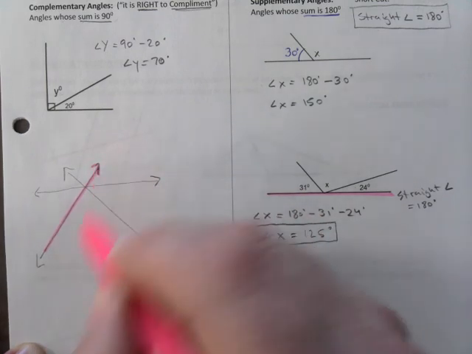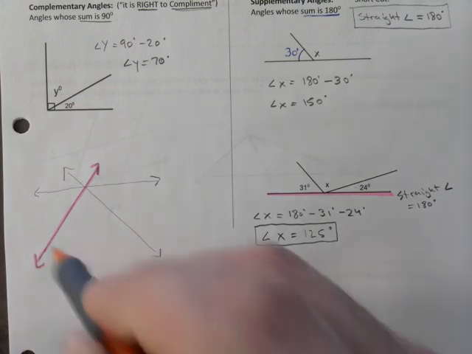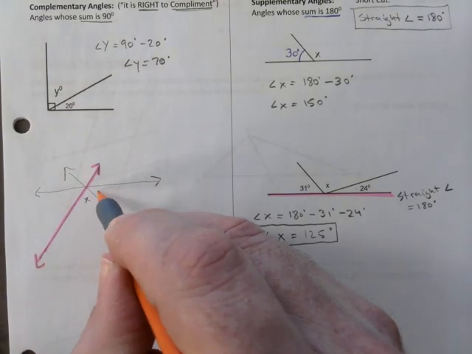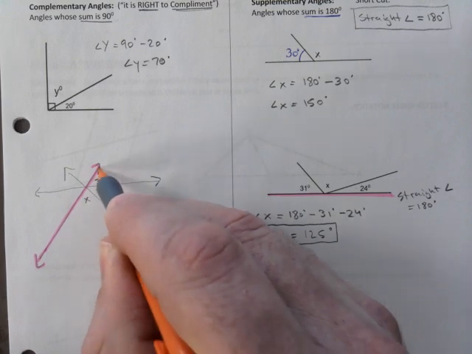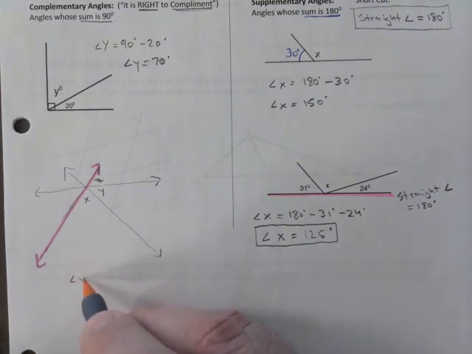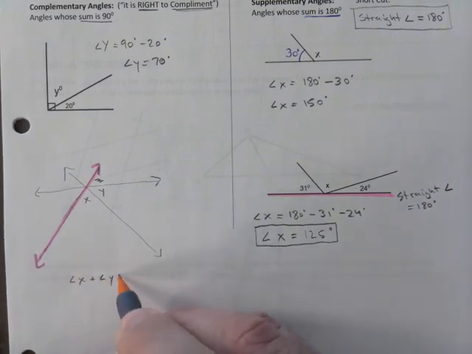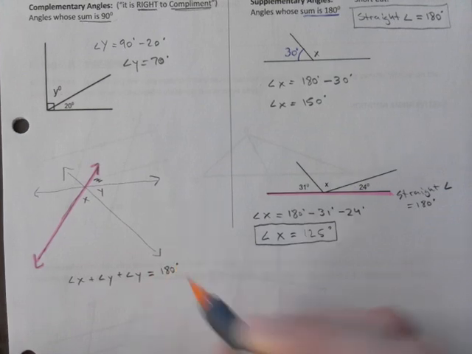right? If you were to focus on that line, you do have three angles, right? X, Y, and Z, right? These three angles along this straight angle would be considered supplementary, right? Angle X plus angle Y plus angle Z would be equal to 180 in this case.